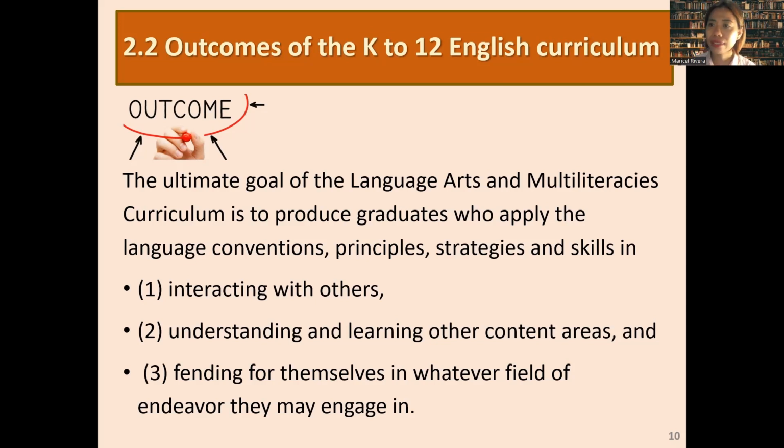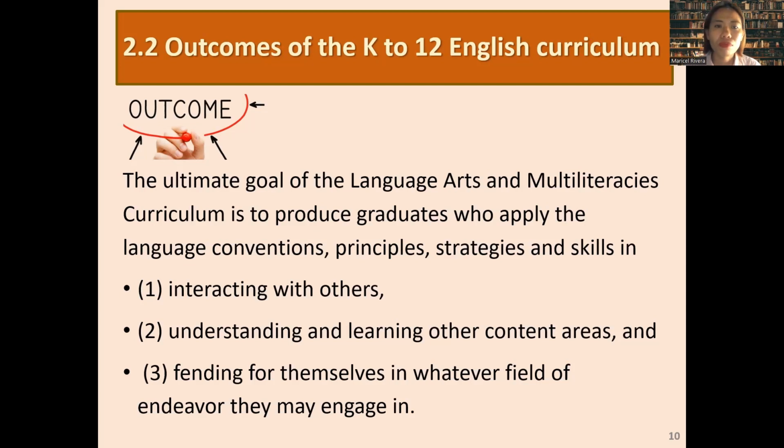graduates who apply the language conventions. When we say language conventions, of course, these are the rules in grammar. You have the principles, the strategies, and the skills to interact with one another, to understand and learn other content areas, and fend for themselves in whatever field of endeavor they may engage in.